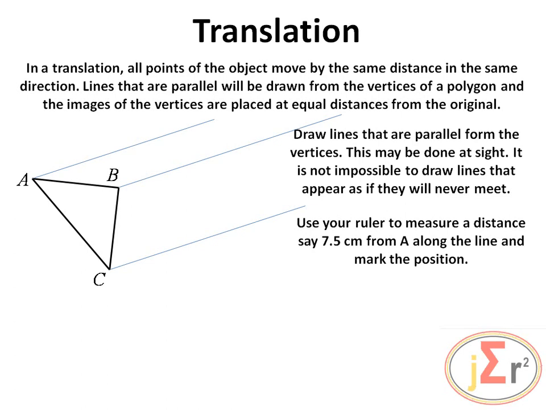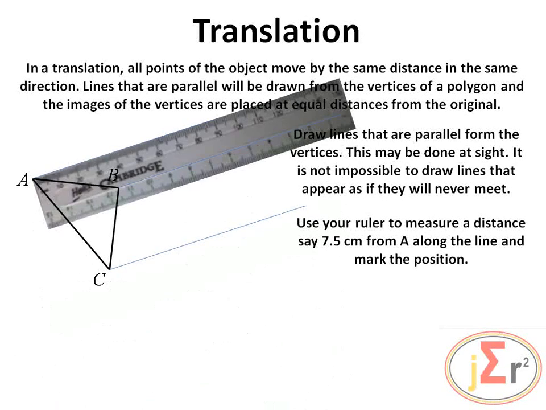But of course, you need to get your lines parallel or as close to parallel as possible. So we use our ruler and mark off 7.5 centimeters. The new point is the image of A, called A prime.